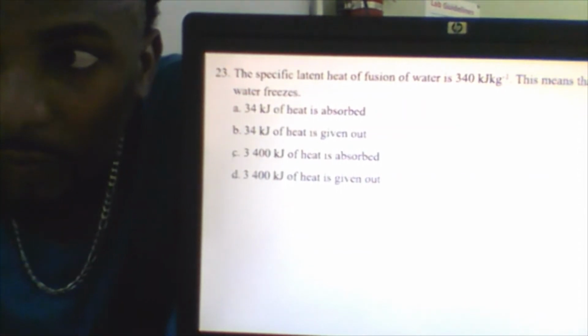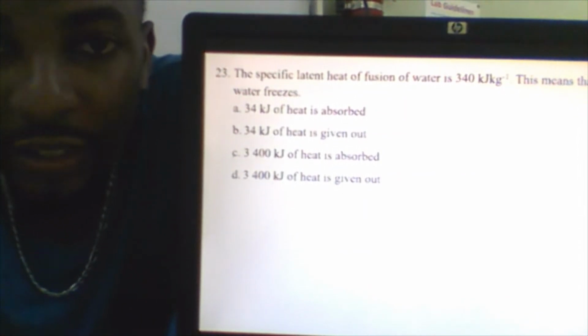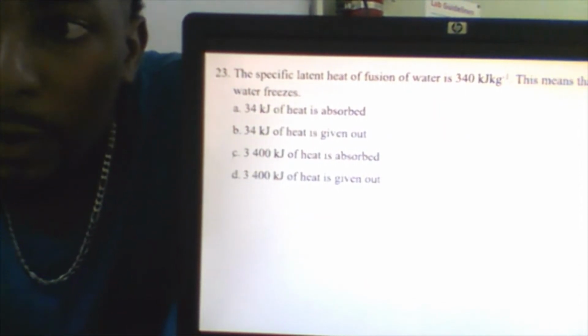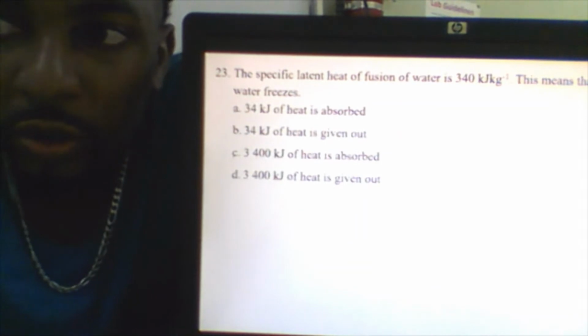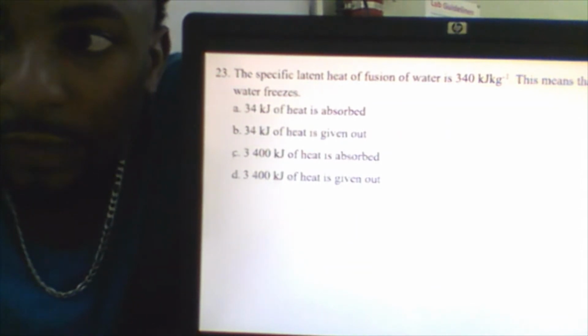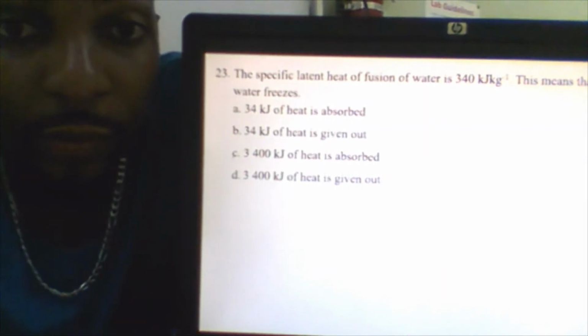Good. Now, in this case, we're looking for 10 kilograms of water. Good. Now, changing fusion of water. So we're looking at water freezing.